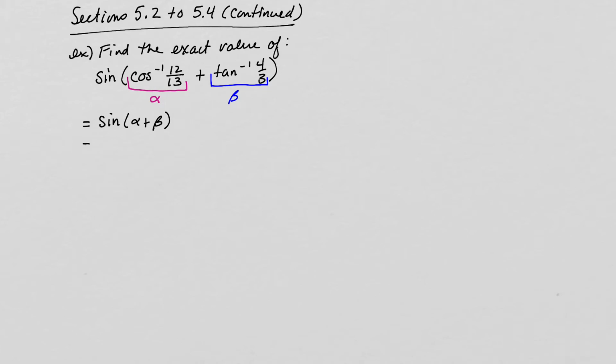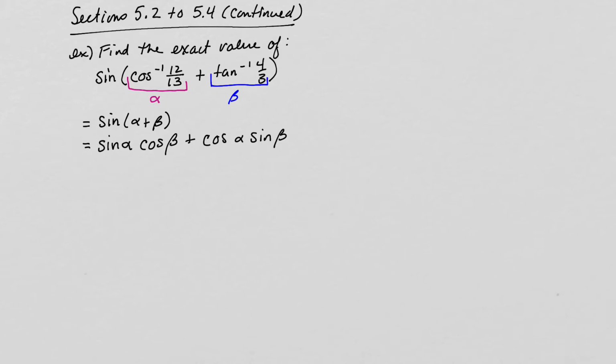If you look that up, it says that the sine of alpha plus beta is the sine of alpha cosine of beta plus cosine of alpha sine of beta, right? And so I just have to figure out what the sine of alpha is, what the cosine of beta is, what the cosine of alpha is, what the sine of beta is, right?